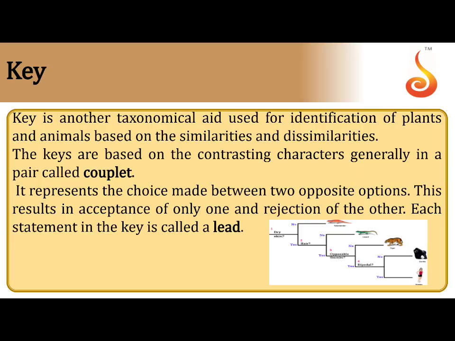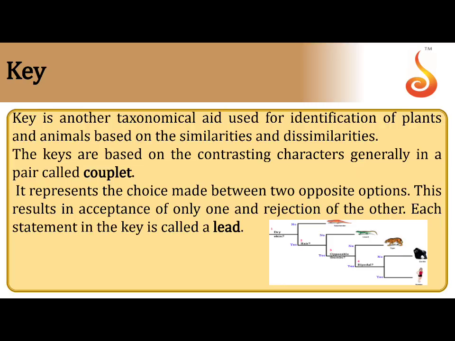The next taxonomical aid that we are going to learn is the key. In a key, we don't store any material like we store dried and dead organisms in a museum and herbarium. In a botanical garden, we store living plants.